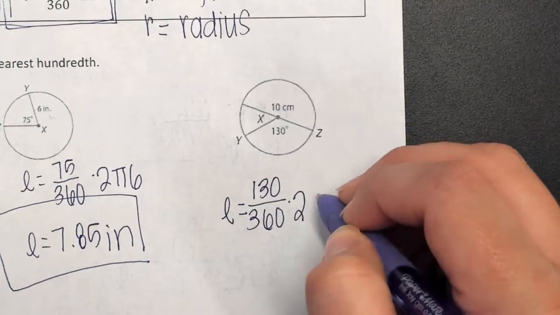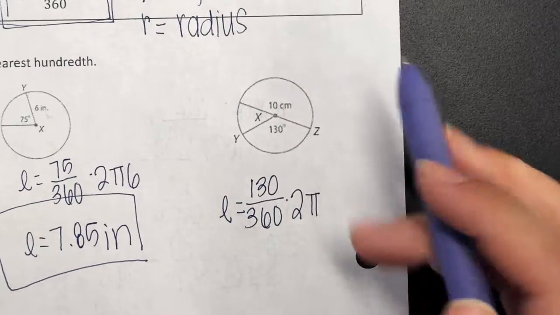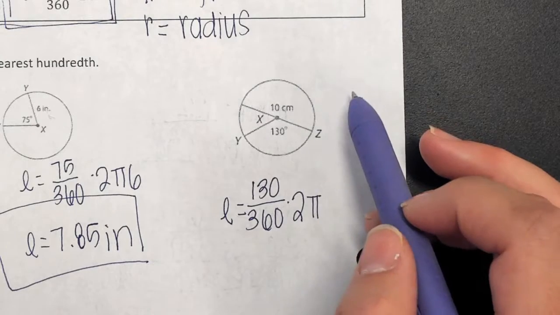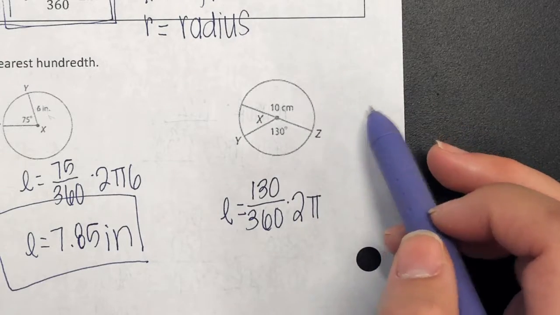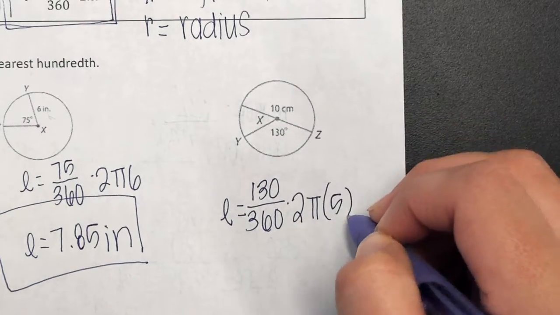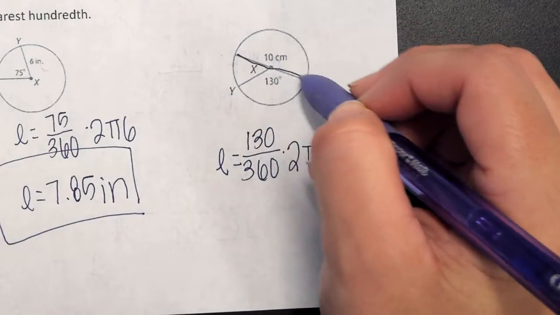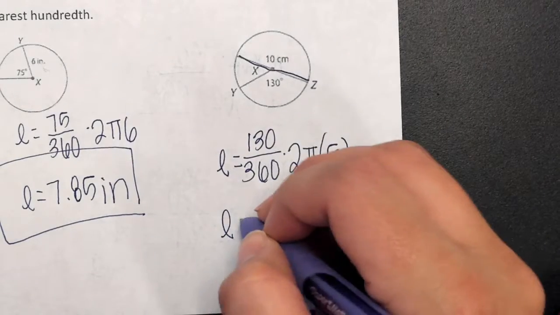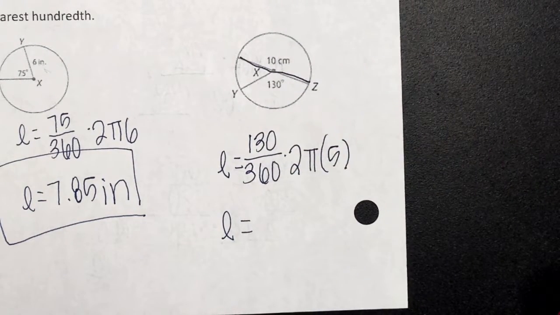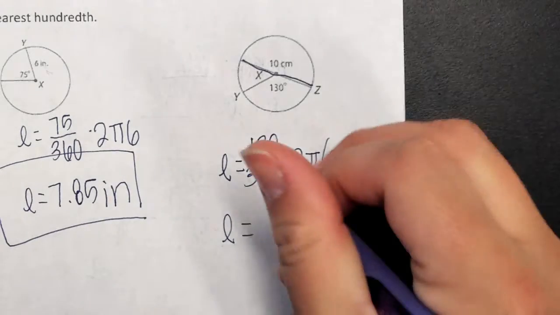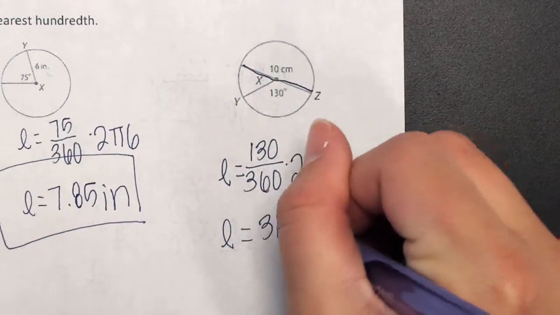Hey, some of y'all, I hope y'all caught this. What did they give you? They gave you the diameter. What's the radius? Yes, don't let that trick you. 10 was the diameter, so the radius has to be 5. So 130 divided by 360 times 2 pi times 5.